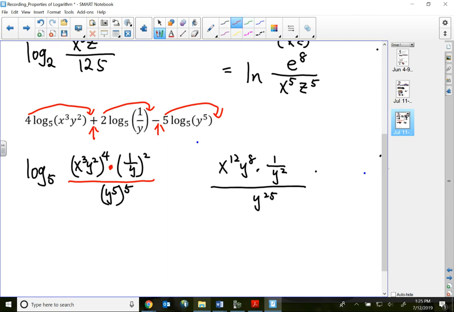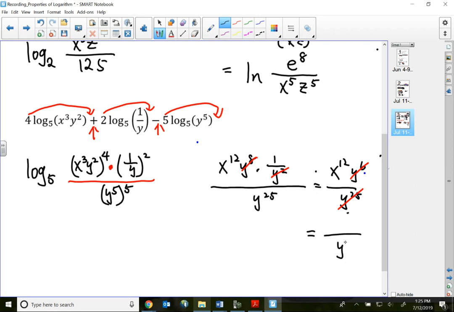So just look up here. I got 8 y's on top, 2 y's in the bottom. When they cancel out, there should be 6 y's left on the top, right? Over y to the 25 power. So now when my bases are the same and the bases are dividing, we subtract our exponents, or you can just think about canceling them out. 6 y's on top over 25 of them in the bottom.